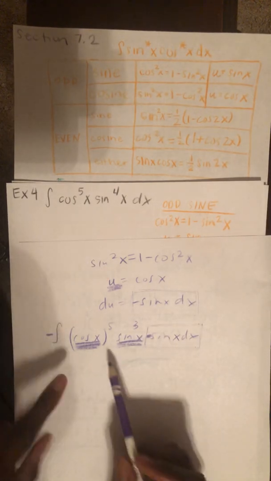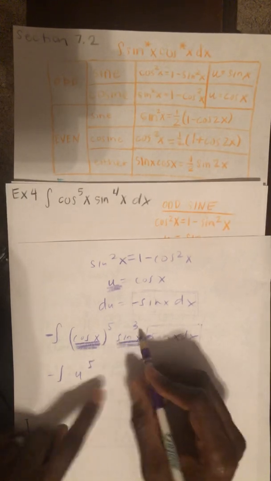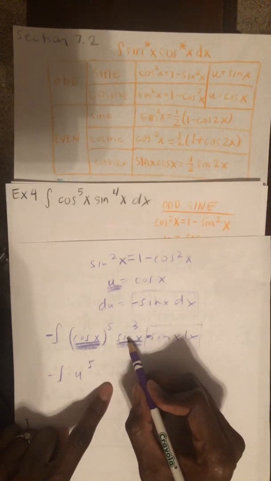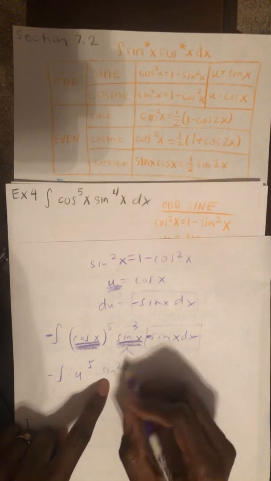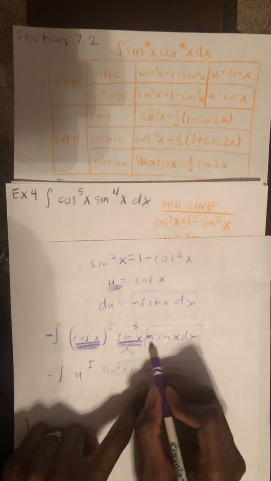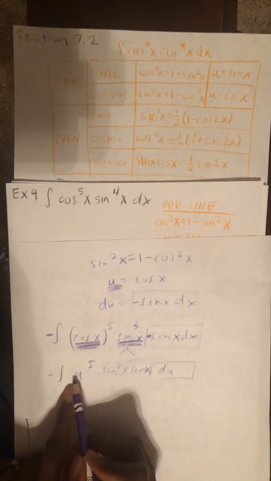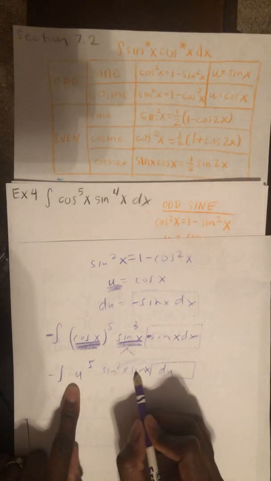That's not to say that it doesn't work. I don't want to say that. I didn't actually try it. Essentially you'd have to break that up again into sine squared x and then sine x, and then this would become du. I know this is bad math. You shouldn't have a u and an x in the same problem, but I'm just checking.